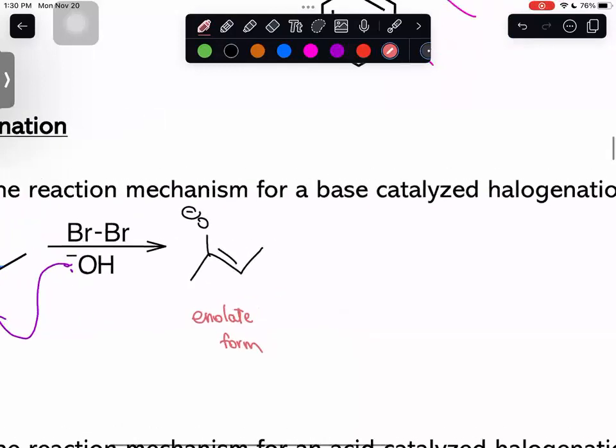Okay, I have my enolate. I used my base, but there's still the halogens. What do you think is going to happen? What's going to be acting as the nucleophile and what's going to be acting as the electrophile? Well, I think the negative charge would be drawn to the halogen, probably, but I'm not sure.